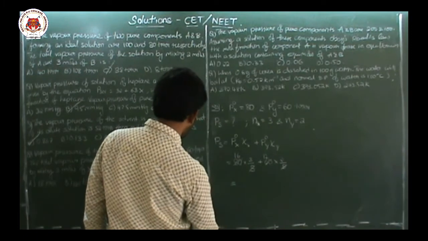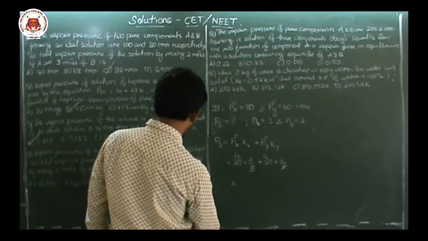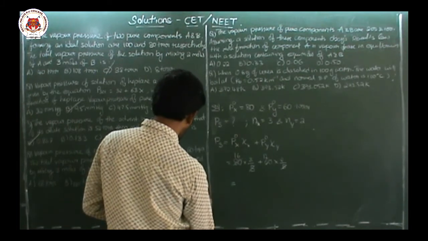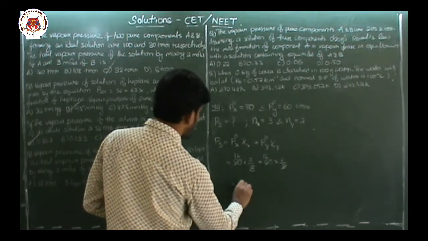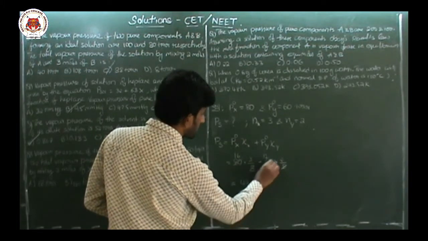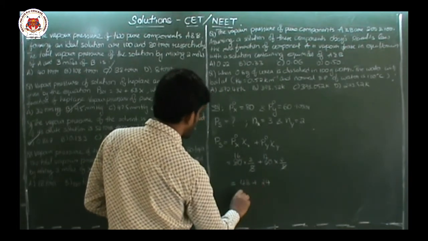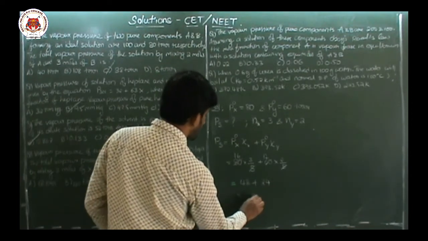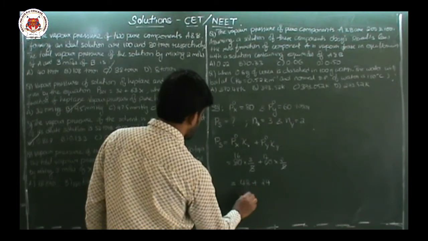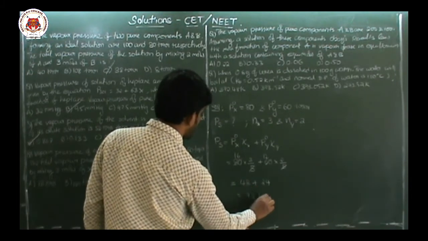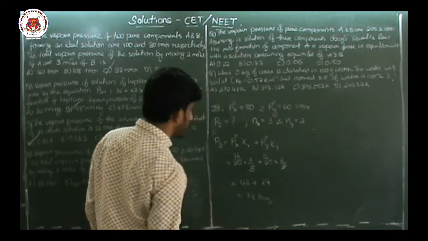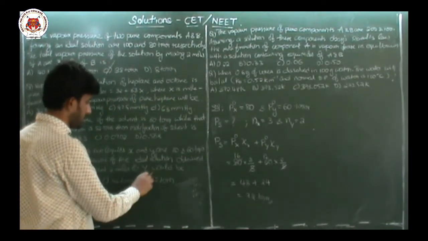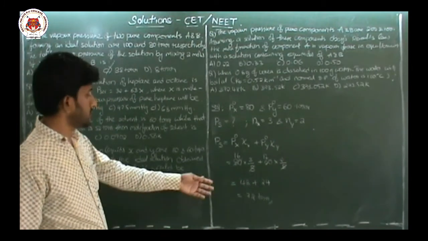So 16 times 3 is 48, plus 24. Now that means this is 48, this is 24, so 72 torr. The total pressure is 72 torr. So the answer is option D, 72 torr.